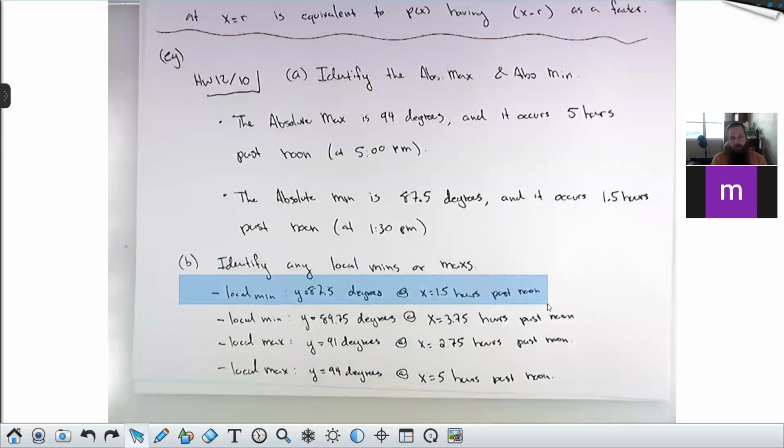So if you're unsure how to describe a min or a max, this is the best way, right? This tells me everything I could possibly want to know. And it's nice to say that the min is this and occurs at this, but at least here you're breaking it down. You're giving me the units, you're telling me which one is x and which one is y, and listing the y value first if we're asking what is the local min is the right thing to do. If you have any uncertainty about this, if you're not sure the right way to write these things, please don't hesitate to ask, right?